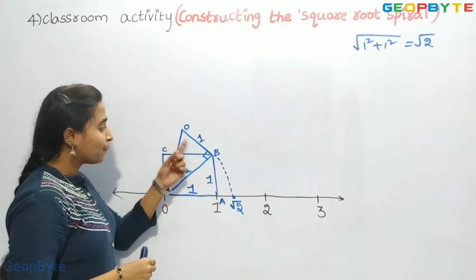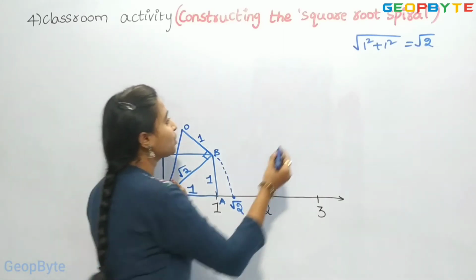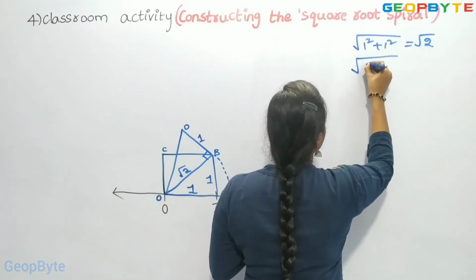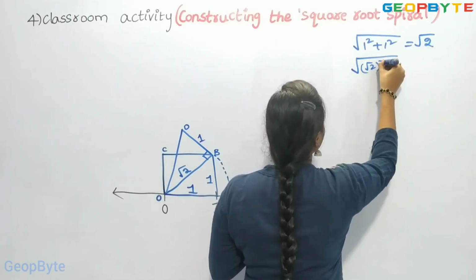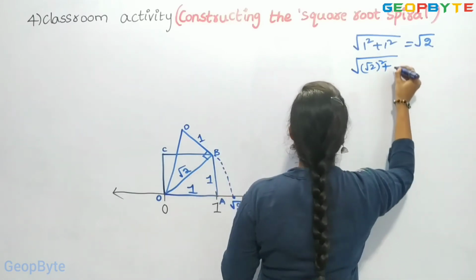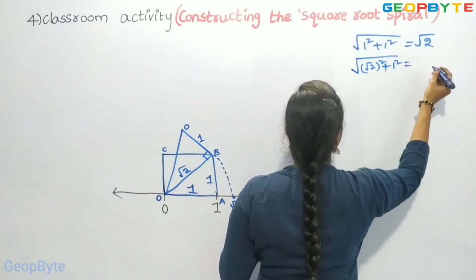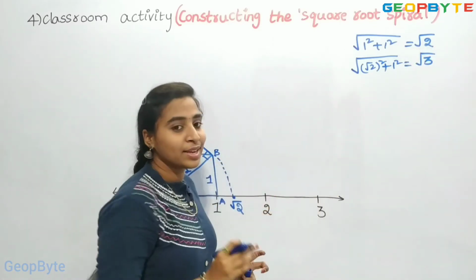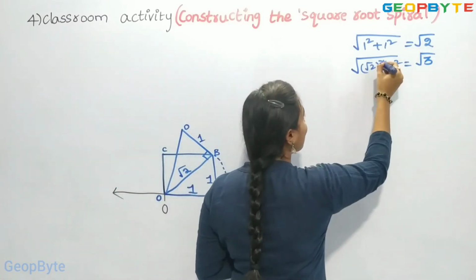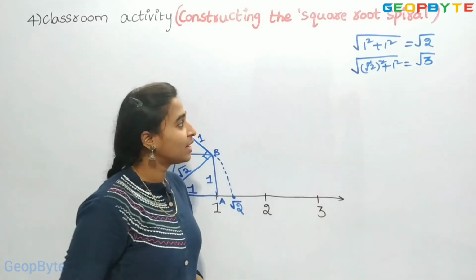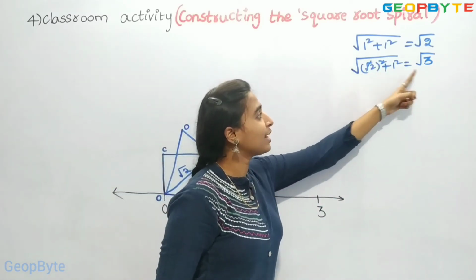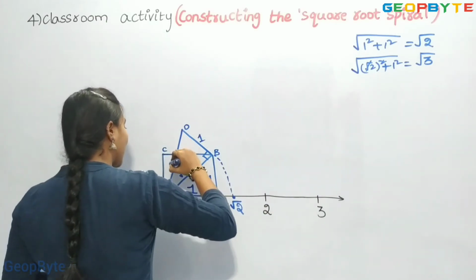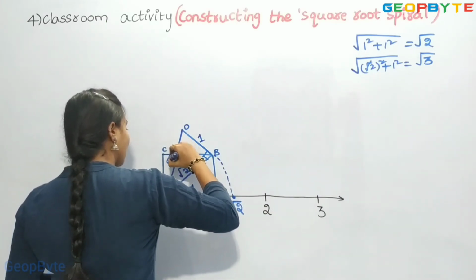If you see base and height, under root of root 2 square plus 1 square is equal to root 3. See, here square and root get cancelled. So 2 plus 1 will be 3. That is, the hypotenuse will be root 3.